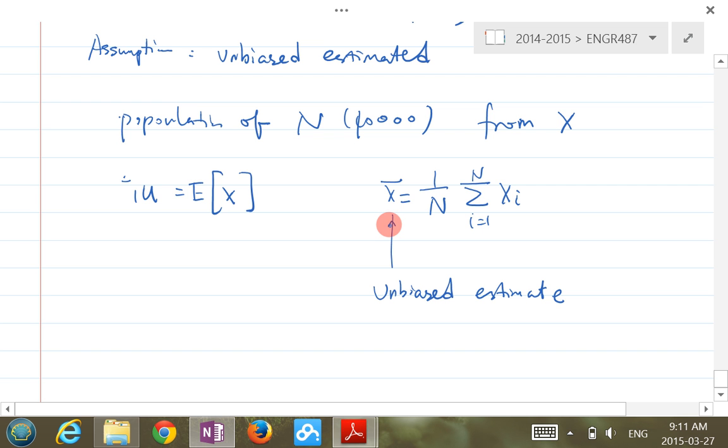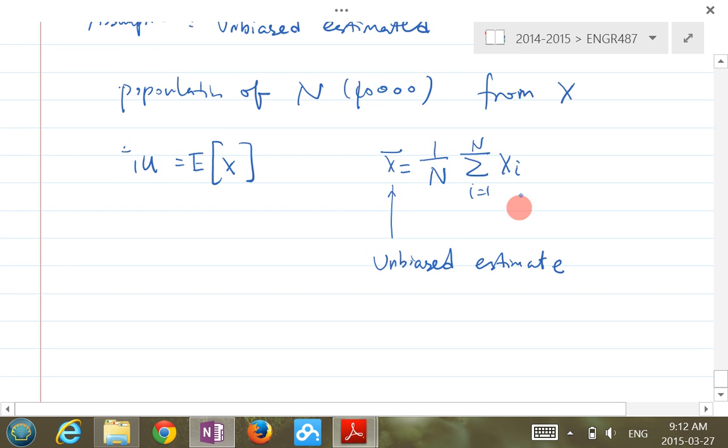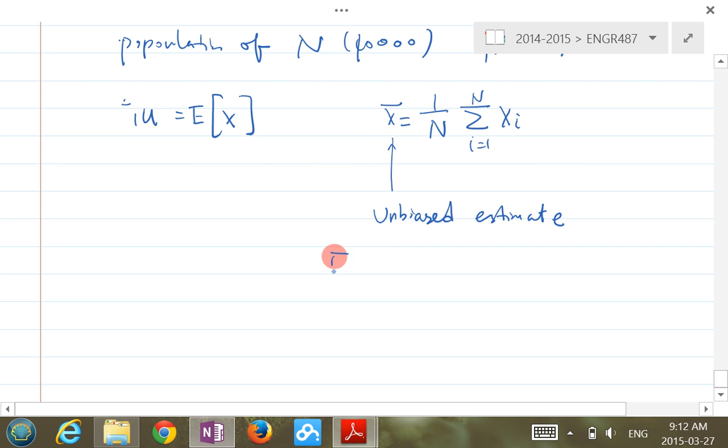You do maybe a million trials, you get a million of these x bars. Then you look at the expected value of x bar. The x bar itself becomes a random variable. The expected value of x bar is the same as mu. That's why this is called an unbiased estimate.